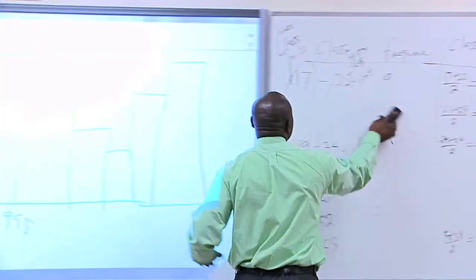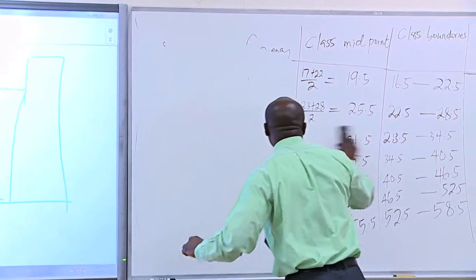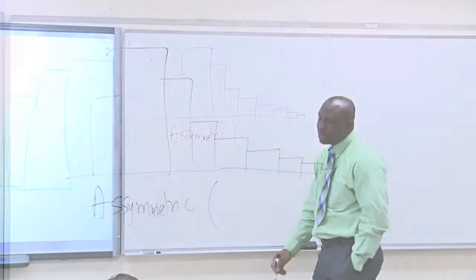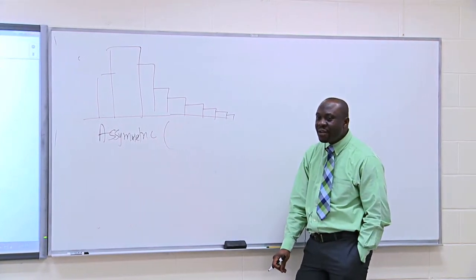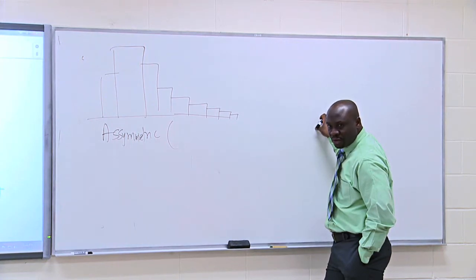Now, it's also possible to get this type of graph when you draw your histogram. So we have the symmetric graph, and then we have the asymmetric. Asymmetric means it is not symmetric. So here you notice that the tallest bar is not at the center of all the bars. If it happens this way, we call this asymmetric. Now you notice that we have a lot of these bars to the right, right? Do you see that?